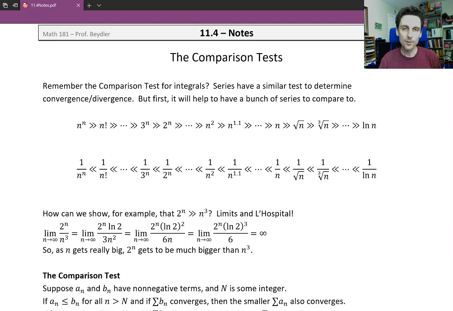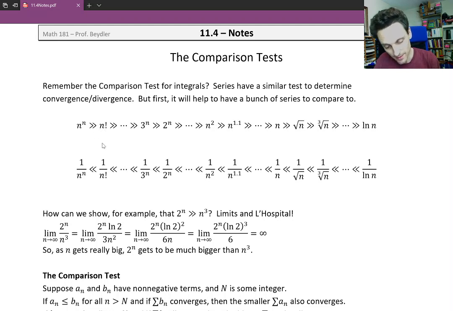But before we go into that, it's going to be helpful to have a bunch of series that we can compare things to. And before we even do that, it's helpful to know what kinds of expressions grow faster than others. So in this first line here, the n to the n is going to grow much faster than n factorial.